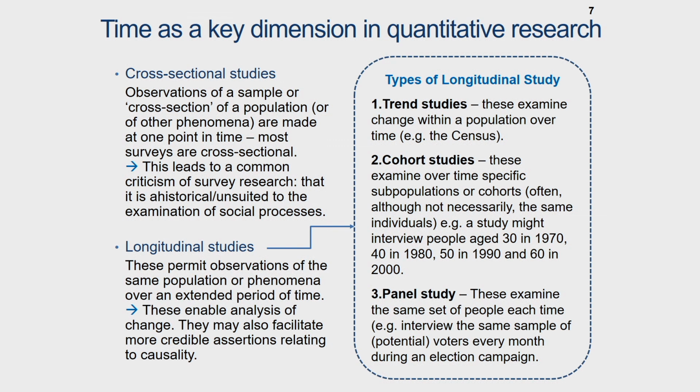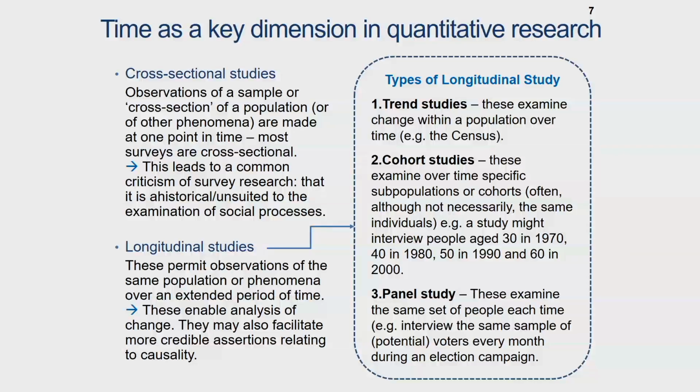Now, time is a very important dimension with regard to quantitative research, and that helps us to identify the kinds of method of inquiry that should be carried out. Usually survey research methods or surveys are carried out with respect to cross sectional studies or longitudinal studies.